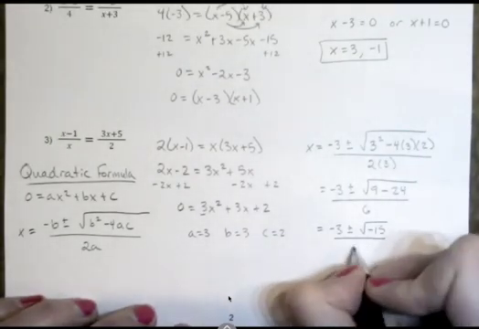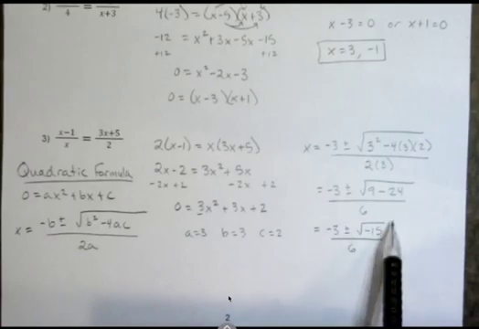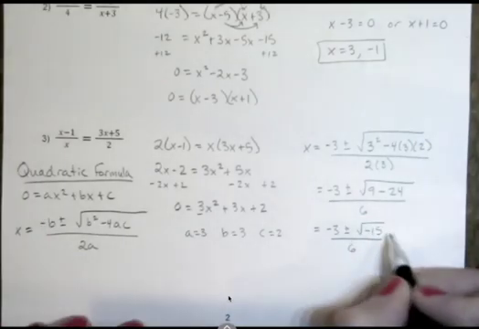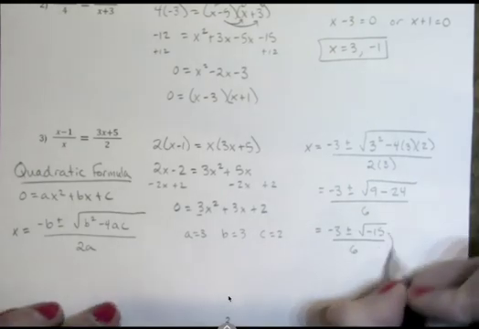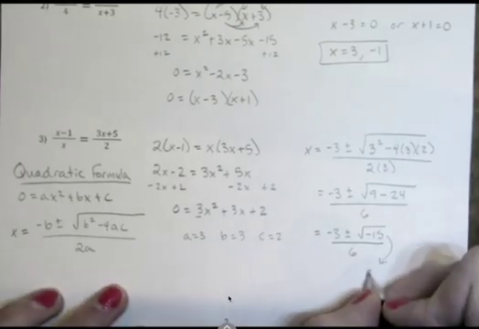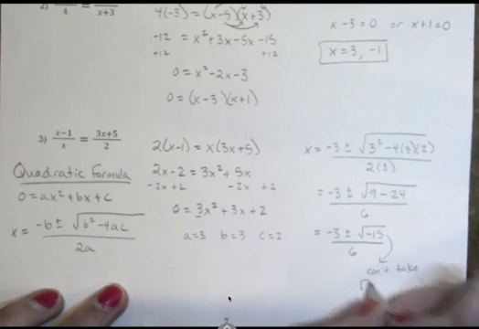If this was a positive number, you could leave your answer just like this. We're going to go one step further because we can't actually take the square root of a negative. If you were to type this into your calculator, it would give you an error. So I'm going to say can't take square root of negative number.